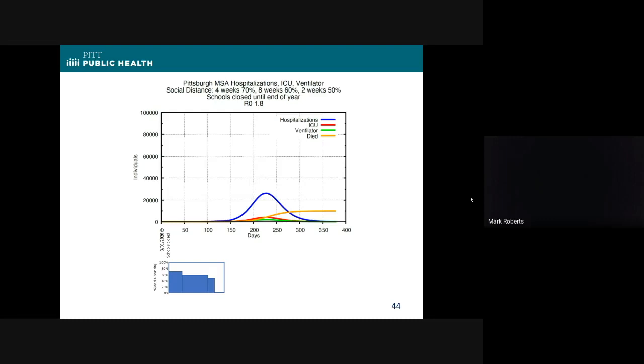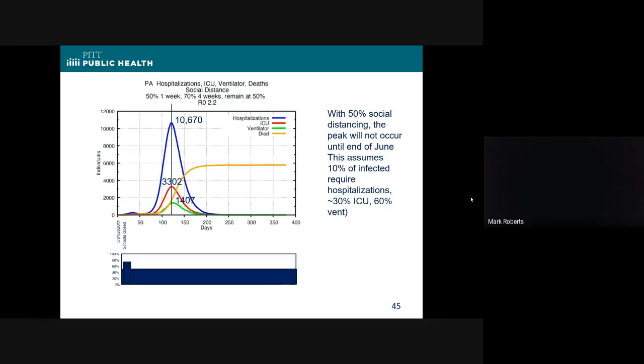As you delay the peak, you affect the ability of the healthcare system to be able to prepare and get PPE done and all that sort of stuff. And if you lower the peak, you can make the peak go below the capacities of your healthcare system. And here's another example. This is actually the entire state of Pennsylvania run. If you never turn off social distancing, we turn it on a little bit those first couple of weeks because we don't think, this is our best guess, people did very good social distancing early on in the epidemic.